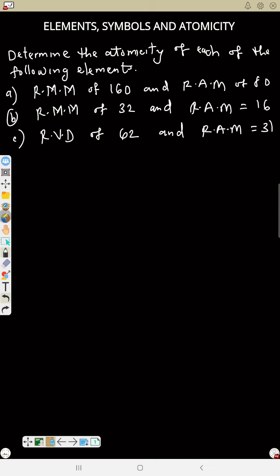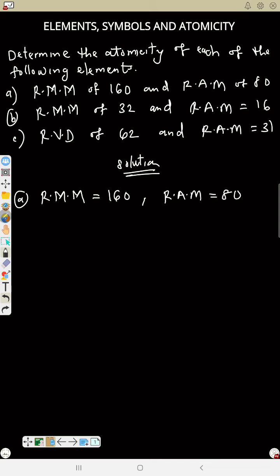Now let's see this. What is the atomicity of this element? So now it's easy, because in A we have relative molecular mass is 160, and we have relative atomic mass is 80. And what do we say is atomicity?